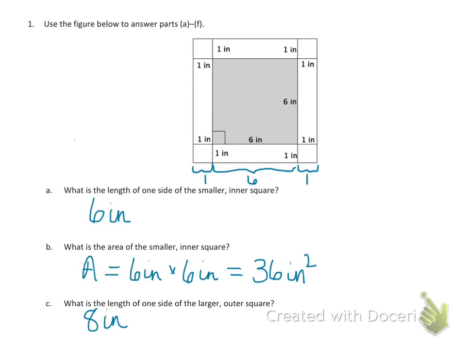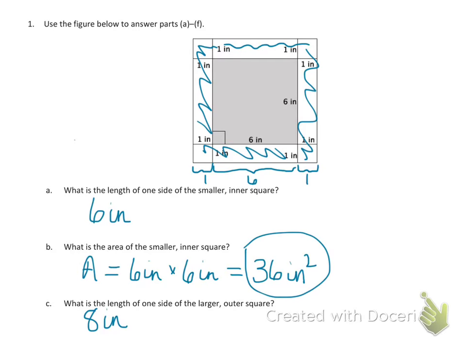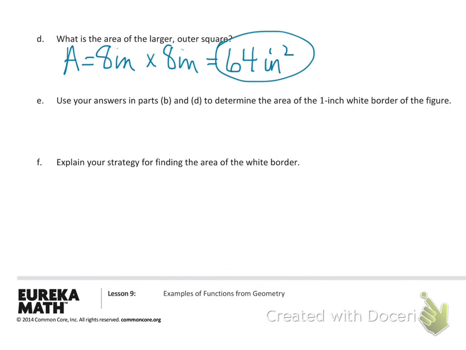Use your answers in parts B and D to determine the area of the 1-inch white border of the figure. So we want to know, what is the area of this whole border area? Hopefully you saw that if you took the area of the large outer square, which includes the border, 64 square inches, and subtract off the area inside, 36 square inches, you would get the area of the 1-inch border.